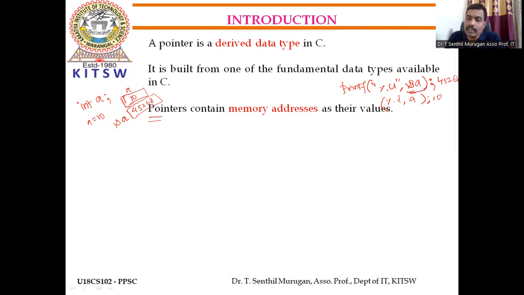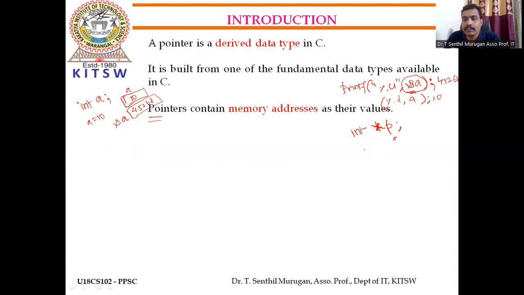So this address is what we are going to assign to the pointer. For a pointer, we use the asterisk symbol to represent it. Asterisk p, so int asterisk p. If you declare it like this, p is the pointer variable.